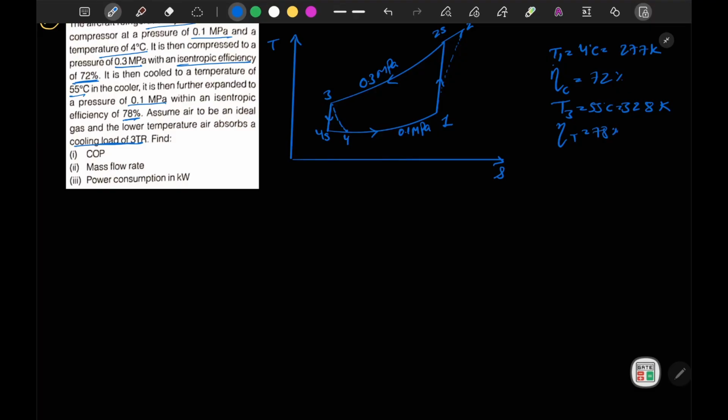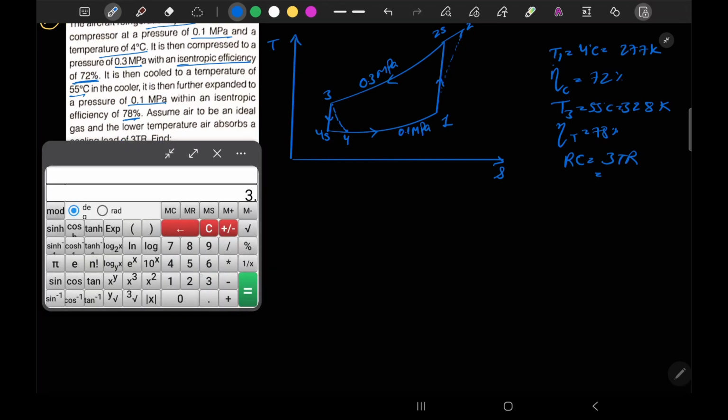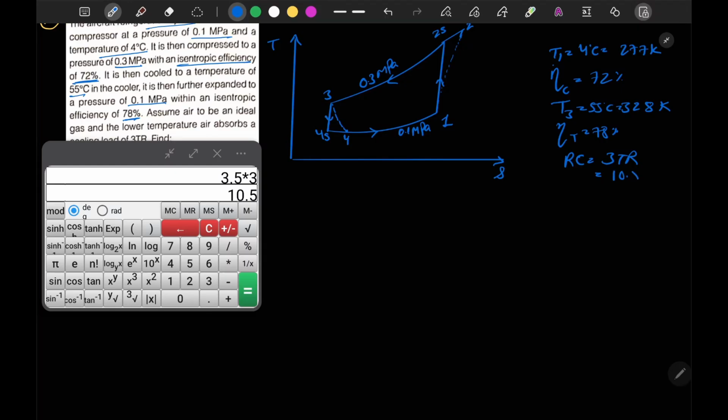Assume the air to be an ideal gas. At the lower temperature, air absorbs a cooling load, so the refrigeration capacity is equal to 3 TR, which is 3 into 3.5, that is 10.5 kilowatt.